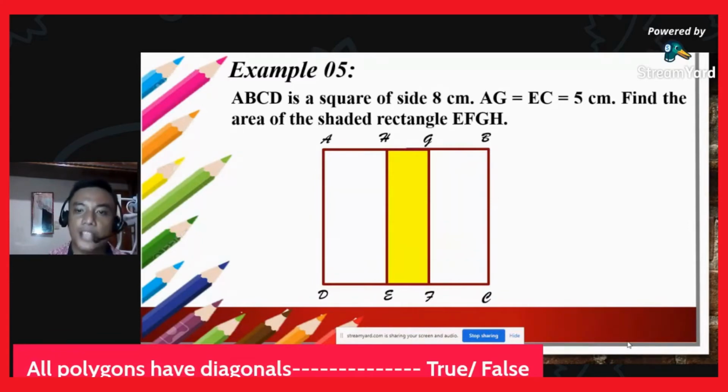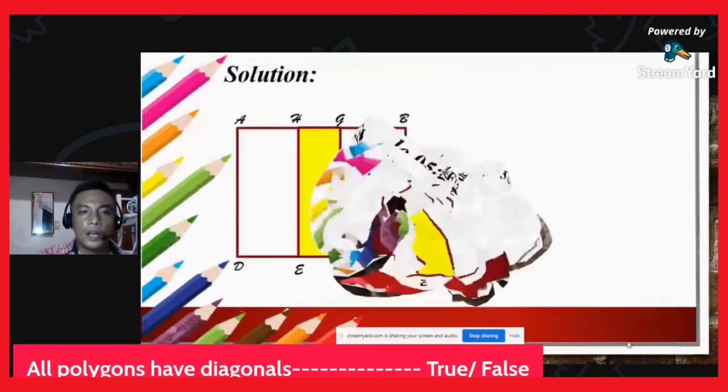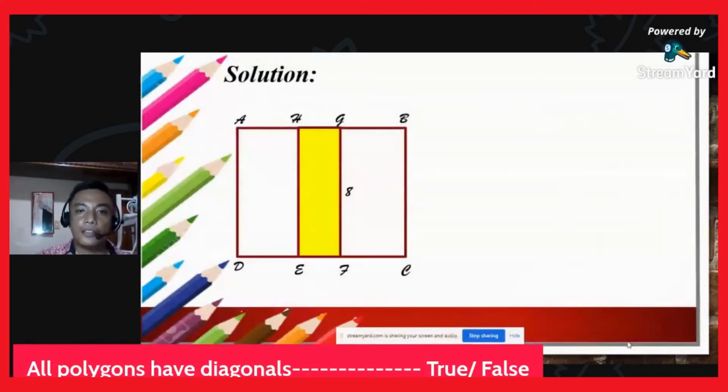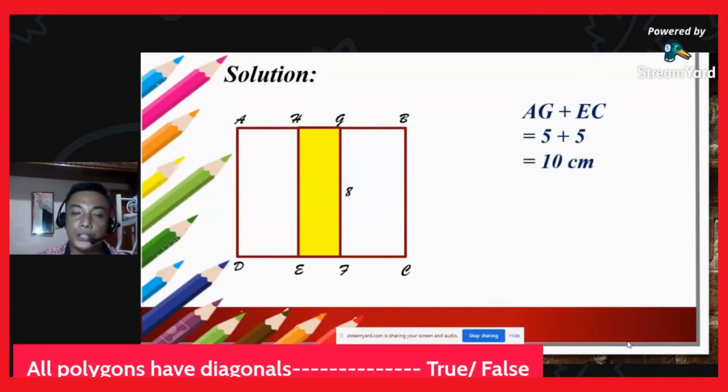Take note that AG and EC are 5 centimeters each. So if we add AG and EC, we have 5 plus 5, which is equal to 10.